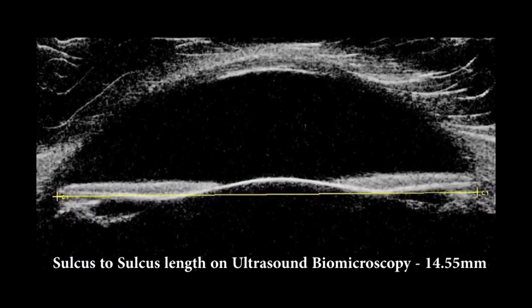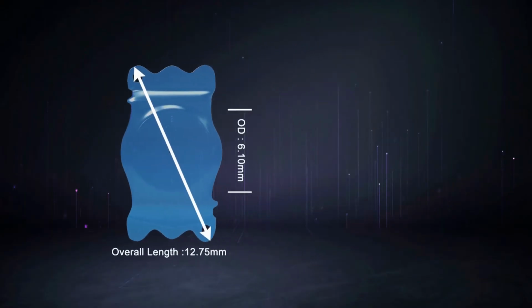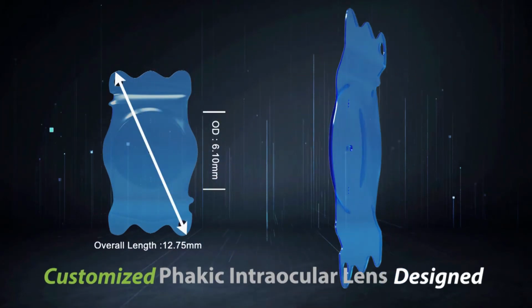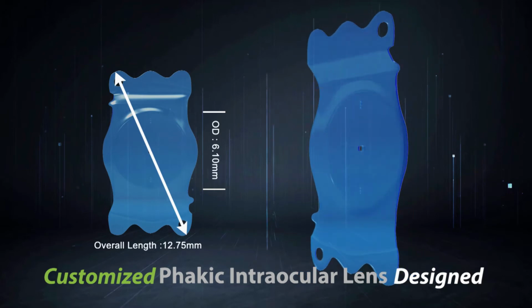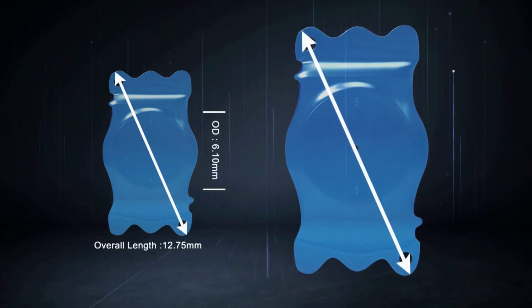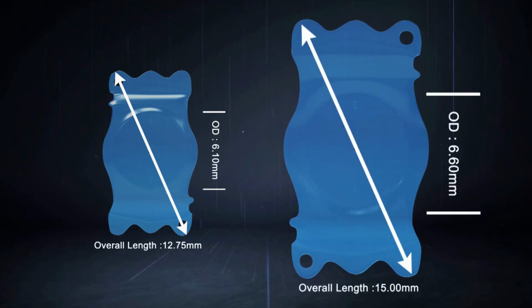Implanting a standard phakic lens in such a case would surely lead to decentration. We conjured a customized lens design to correct both the spherical and the cylindrical power with an overall diagonal length of 15 mm and an optic diameter of 6.60 mm.